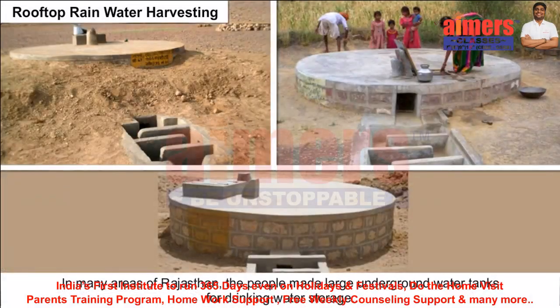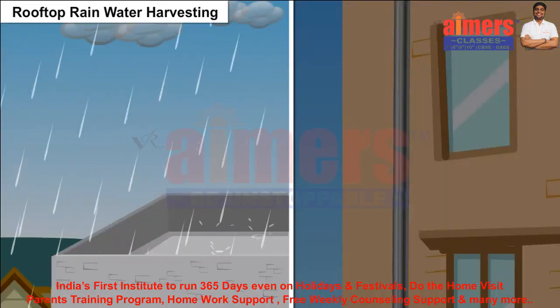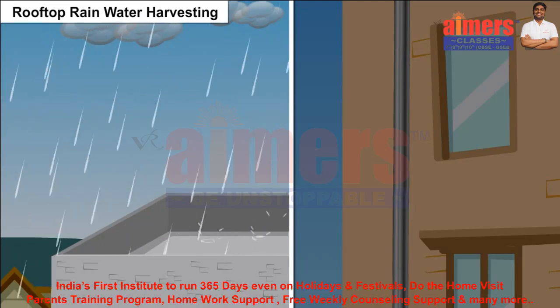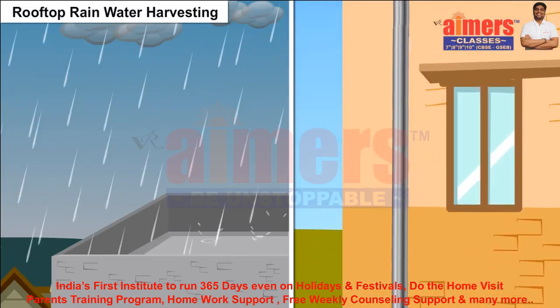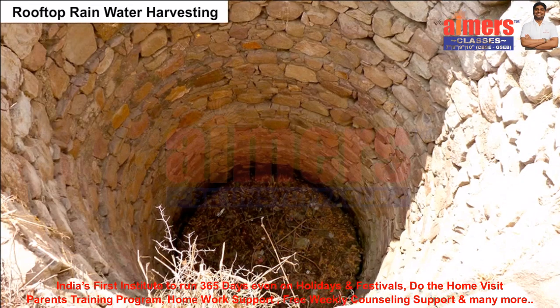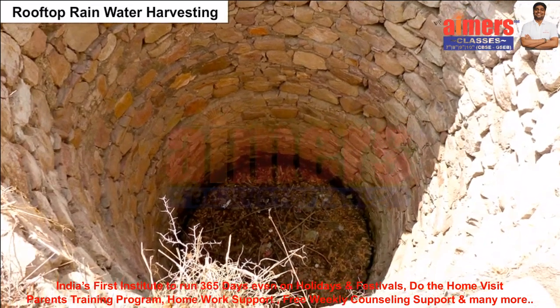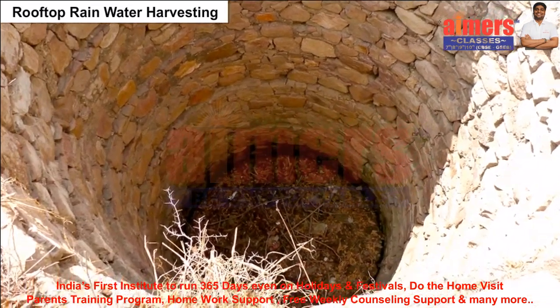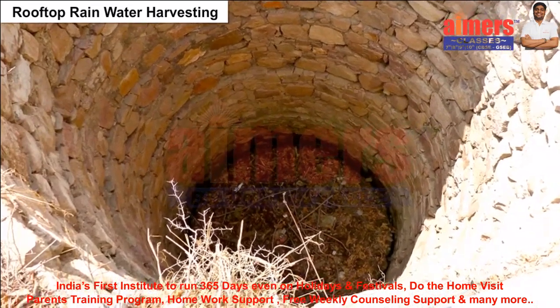In many areas of Rajasthan, people made large underground water tanks for drinking water storage. These tanks were part of rooftop rainwater harvesting, in which rainwater from the rooftop traveled down a pipe and was stored in these tanks. When other reliable drinking sources dried up, this stored water was consumed till the next rainfall.